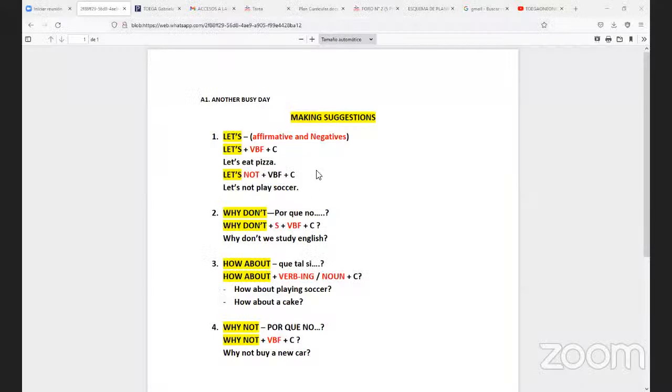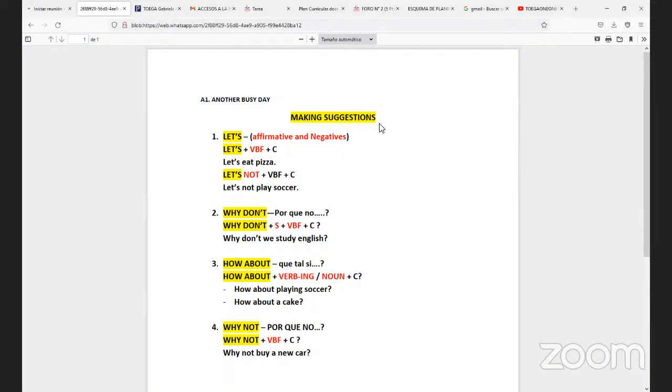So now let's start with the grammars that we have here. The second grammar that we have, let me share my screen. Okay, so this second grammar in this unit, unit 1, is making suggestions.